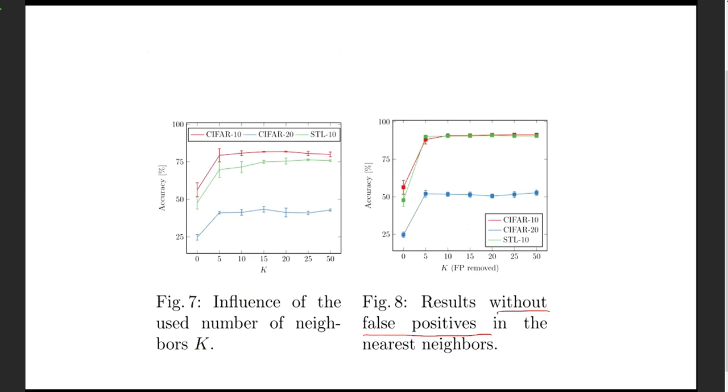So if they remove those images, it will be the upper bound of this one. The right figure is the upper bound of the left figure. And we can see for some cases, we can also select zero neighbors, and after selecting 5 neighbors, it almost achieves the best performance.